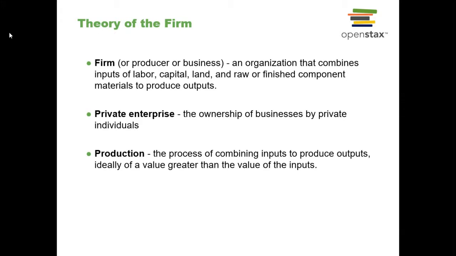Generally speaking, in the United States and the Western world, most of the world, we have private enterprises where the ownership of the business is by private individuals. That is to say, we have a capitalist society where individuals own the means of production, not governments. There are, of course, exceptions. Frederick Community College, for example, the county government owns the college, so it is not a private enterprise. But for the most part, here in the Western world, we have private enterprises.